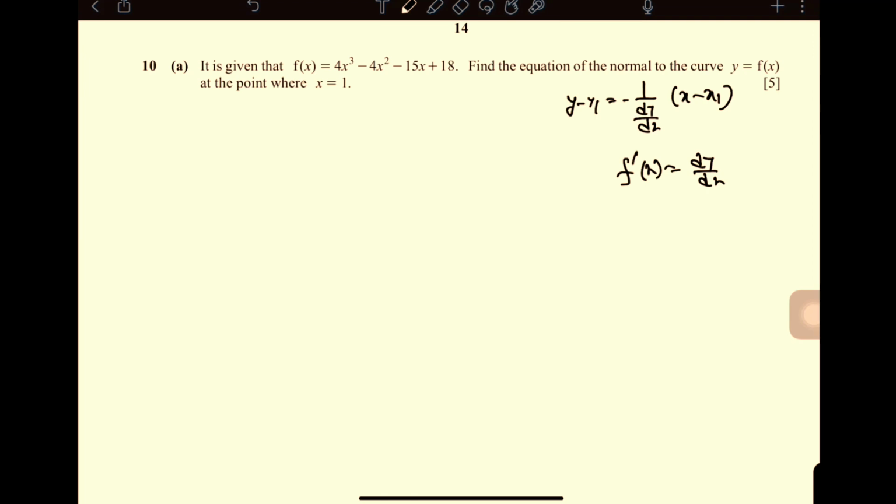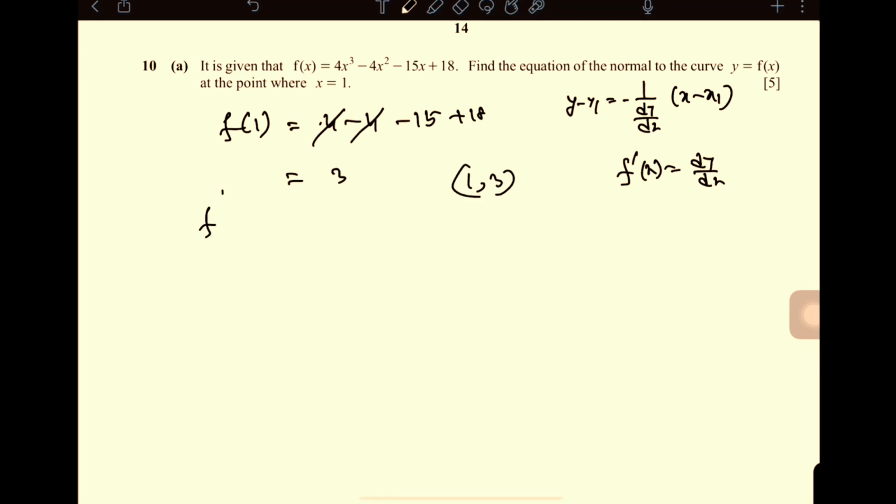So f1 equals to 4 minus 15 plus 18. I substituted x by 1. So 1 cube 1, 1 square 1, 15 times 1. Simplify, 4 cancel, and 18 minus 15, that is 3. So y is 3. So we have got the coordinates 1, 3.